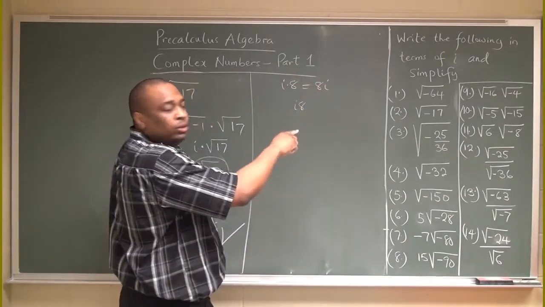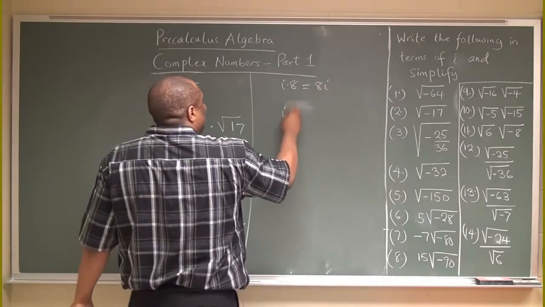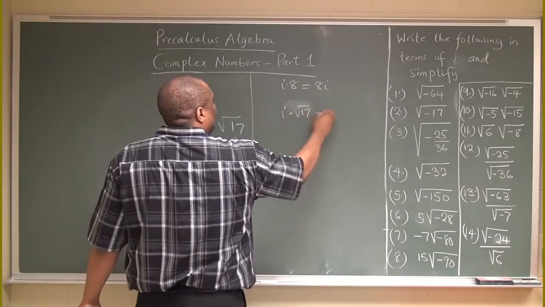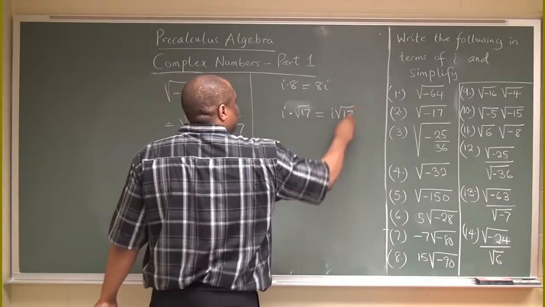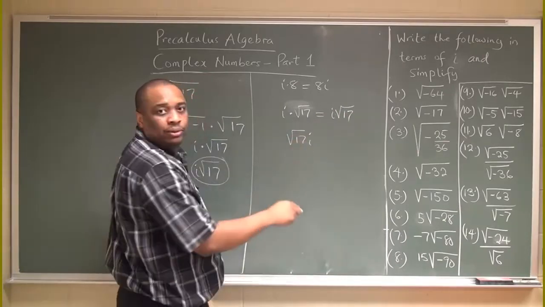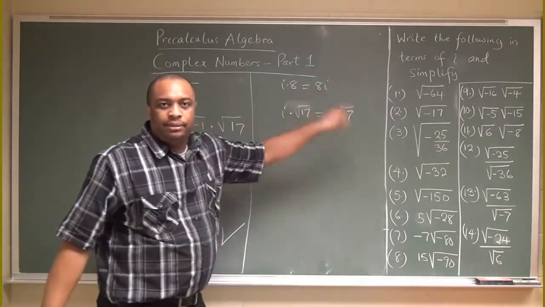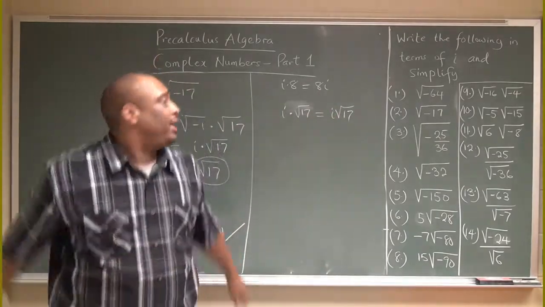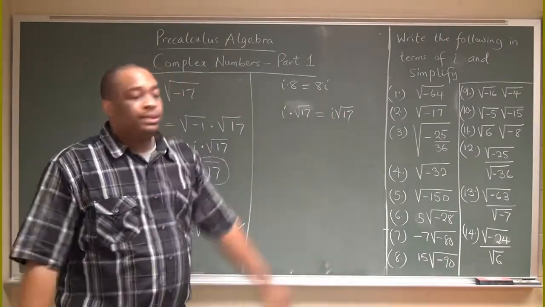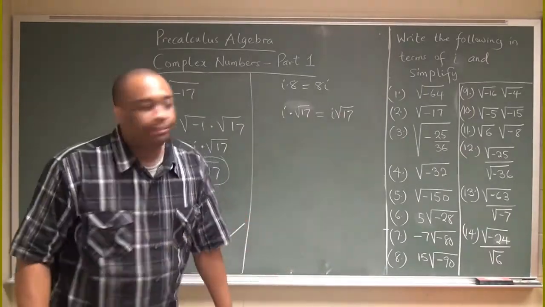But when we have i times the square root of 17, we want to say i square root of 17. We don't want to say square root of 17i. So when we have integers, write the integer first before the i. And when you have radicals, write the i first before the radical.